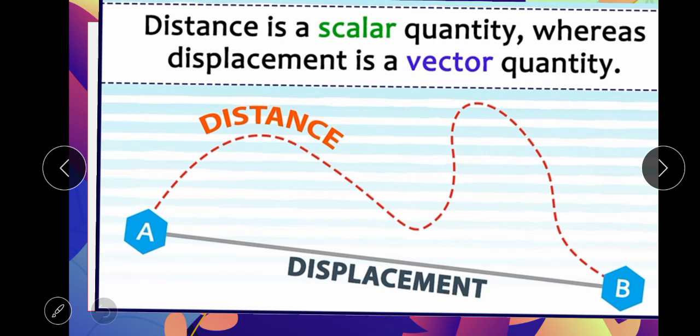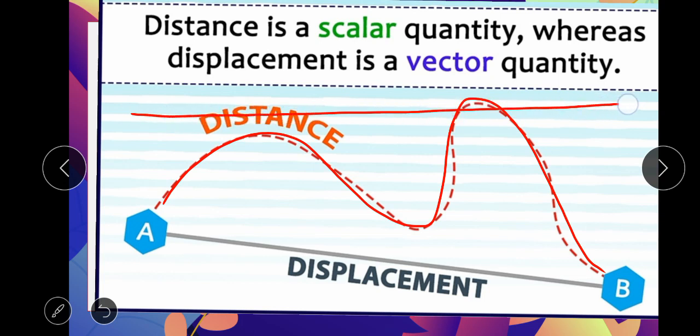We can see that if a ribbon is put curved, then the distance will be the measurement on straightening it. The measurement of the length of the ribbon on straightening it will be the distance, that is the actual path length, while the displacement is the shortest way.